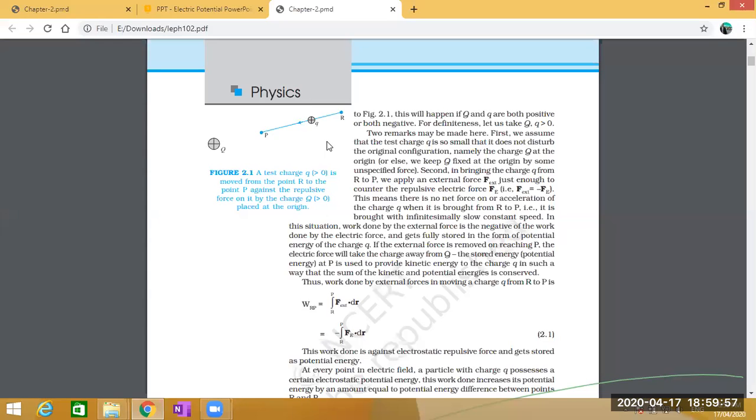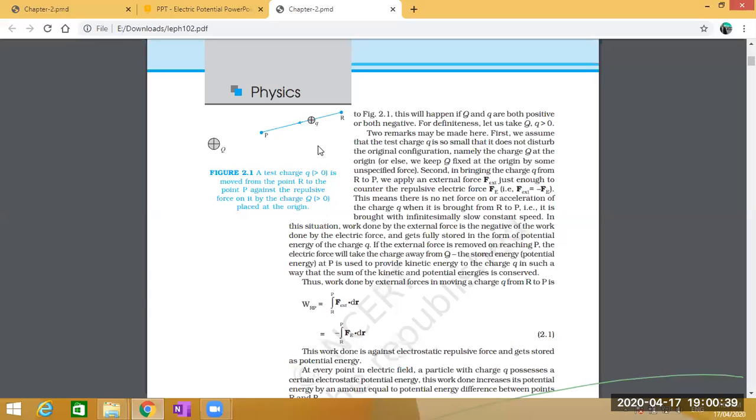But here we are going to test only electric potential energy, so we must ignore kinetic energy. So in order to ignore the kinetic energy of the test charge while bringing it from infinity to a point in the vicinity of the field of the source charge, we have to be cautious that it must be brought slowly. As you bring it slowly, its kinetic energy becomes negligible and only potential energy becomes dominant.